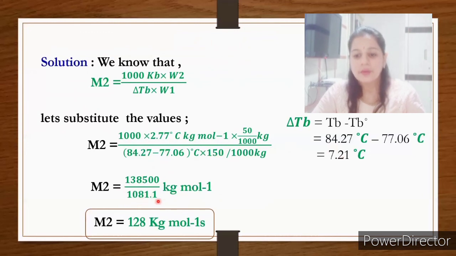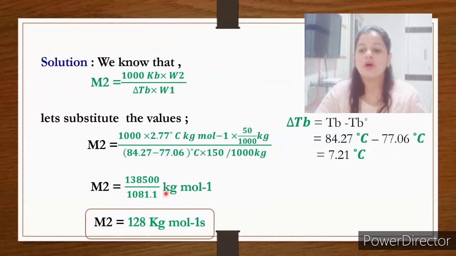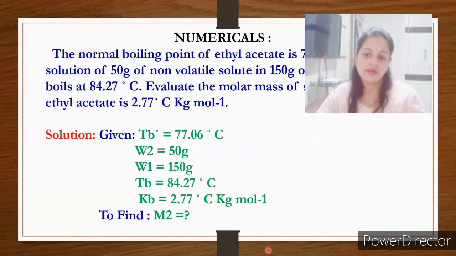The units remaining are kg per mole, so we write kg per mole as it is. So M2 will be equal to, if I divide these two, 128 kg per mole. So this is the answer for the molar mass of the solute if the value of Kb is 2.77.